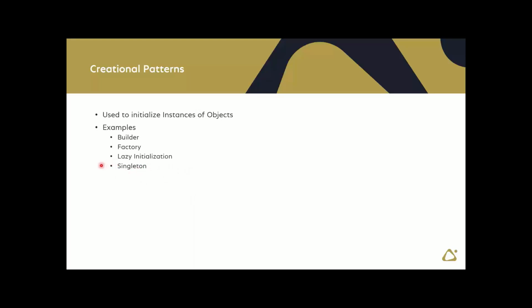Singleton is used in AL, but it's used in the background when you set the single instance property on the code unit. It automatically is a singleton in the background, and you don't have to care about this pattern. And also the lazy initialization, which we will have a look at later, is used in the base app sometimes to save some resources.